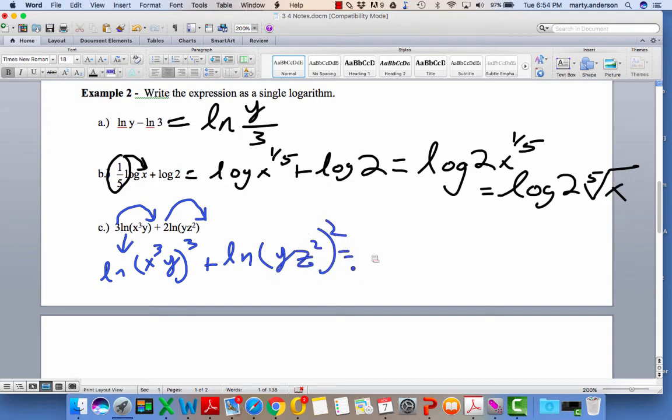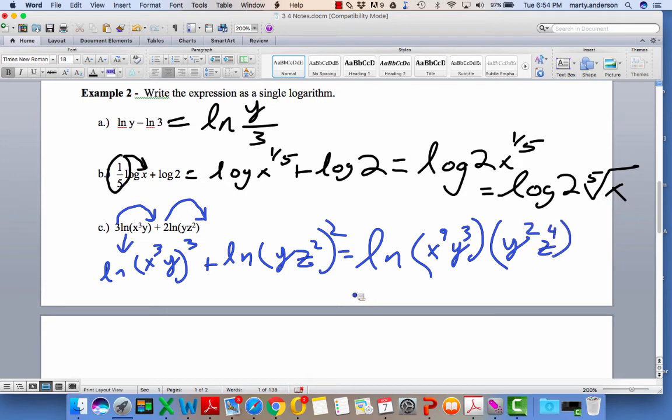And now I can go to a single one, ln of, and really you could do this everything to the third, which would be x to the 9th y to the third times y squared z to the 4th, which ends up being ln of x^9 y^5 z^4. There you go.